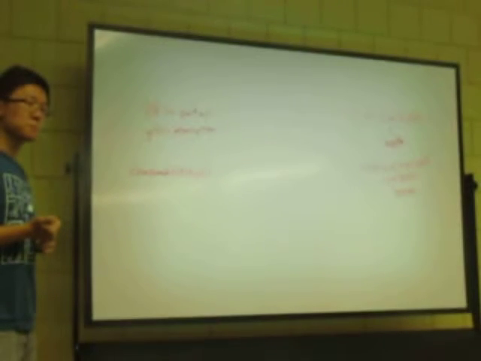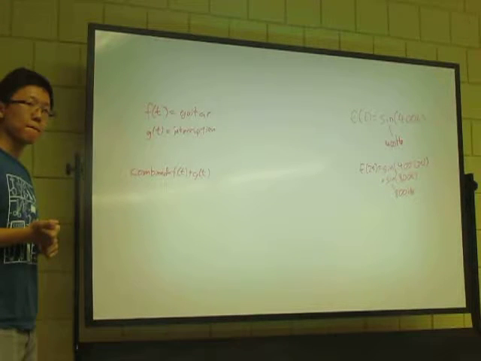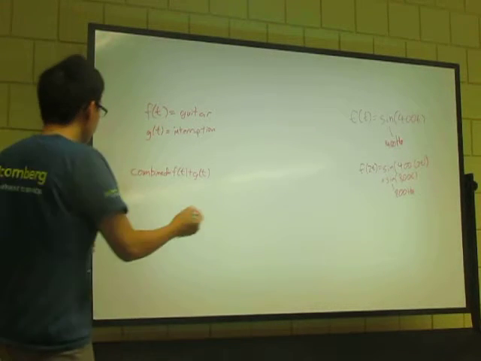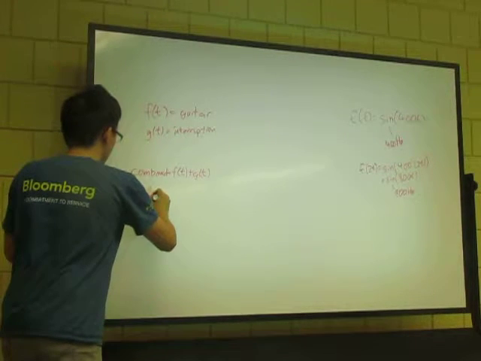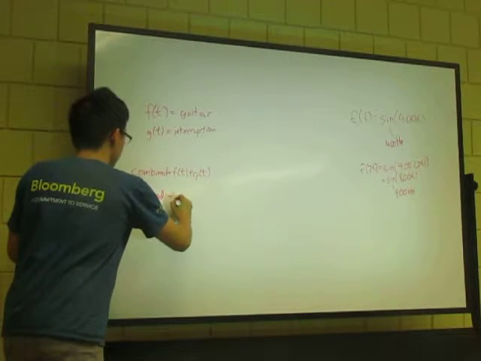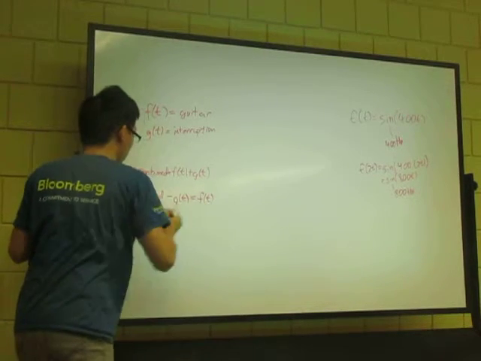So when you subtract G of t from the combined, you get F of t. Exactly. So if I do combined minus G of t, I get just F of t back, which is what I want.